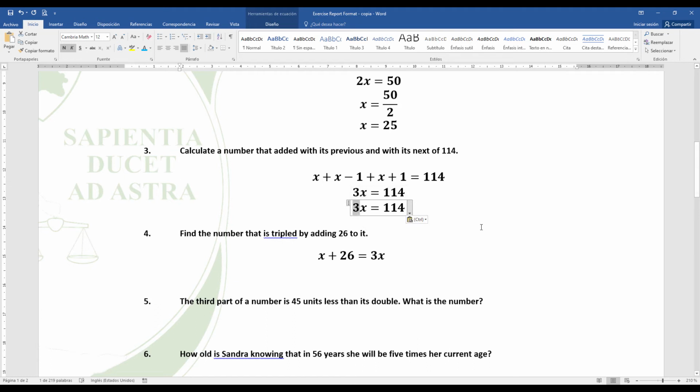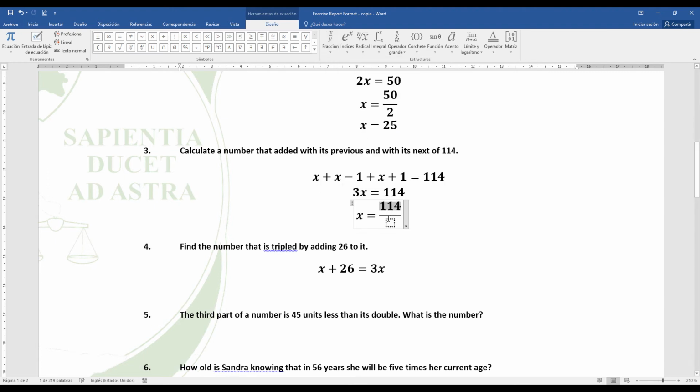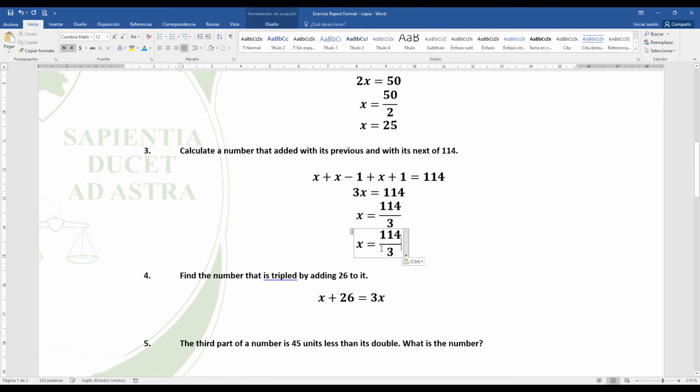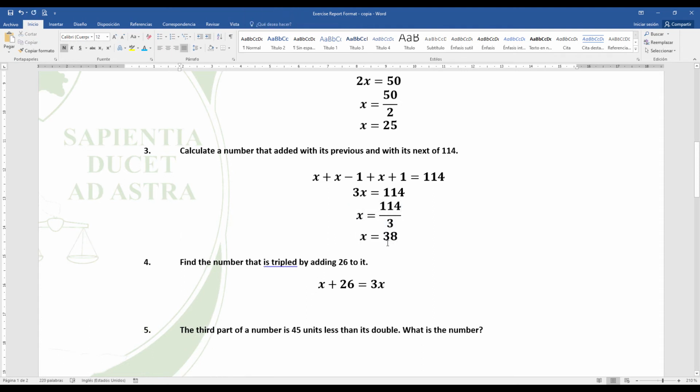If you do that, you delete it from here and pass it to the other side, dividing. And you get that.